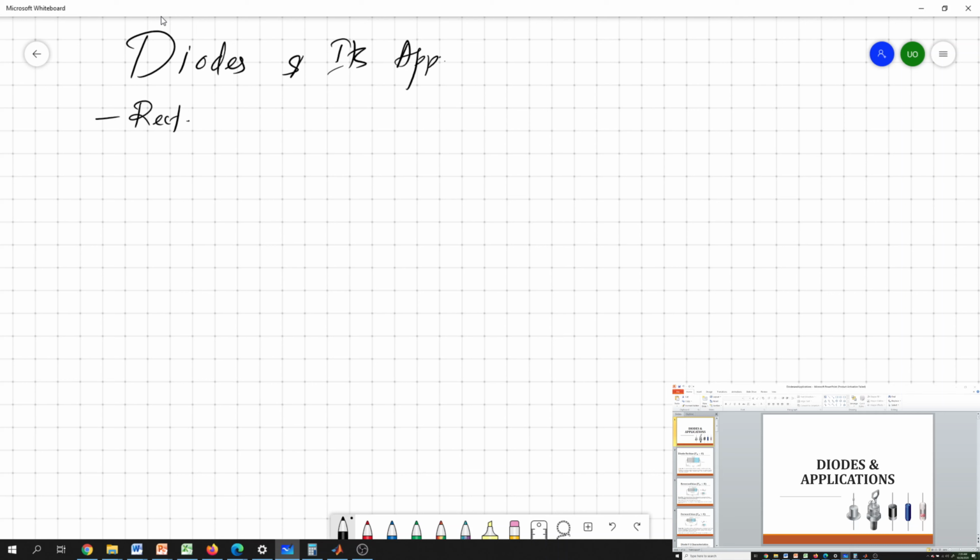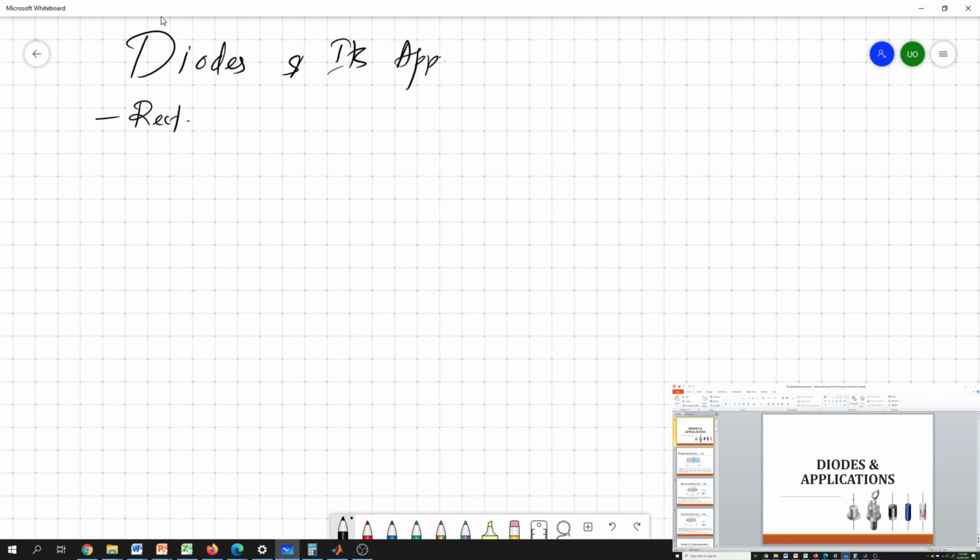By introducing different types of impurities, you can easily make N type and P type semiconductor materials. Then you can have a p-n junction by simply joining these P and N type semiconductor materials.